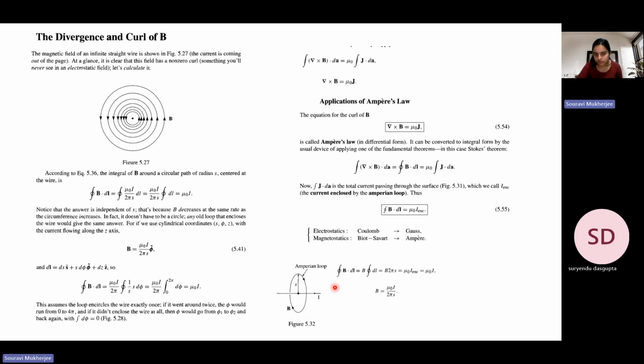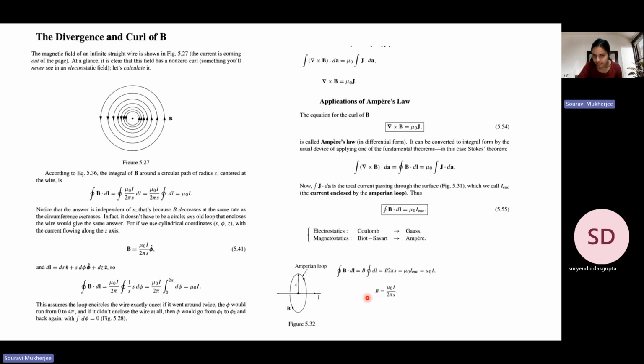For a current carrying wire again, whatever we had done with the Biot-Savart law, the derivation for an infinite wire can also be done using Ampere's law by considering an Amperian loop at a distance s. So the current enclosed is I. On this side you have mu naught I, and if you do the line integral, you will end up getting B times 2 pi s.